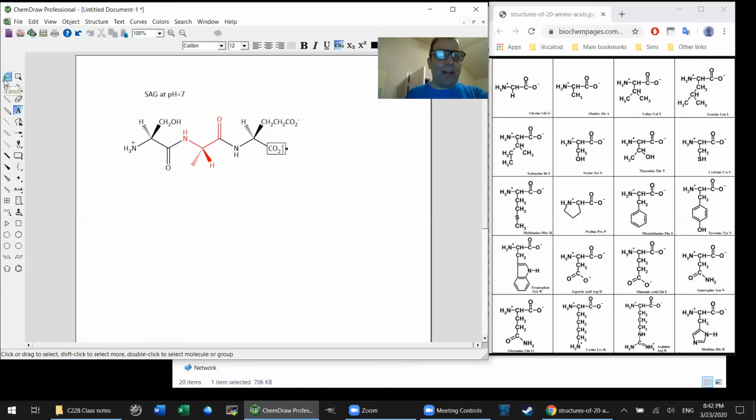So let's now color that some other color. Maybe green. And then, if you want to think of it that way, let's color the two peptide bonds, the two amide bonds, blue.